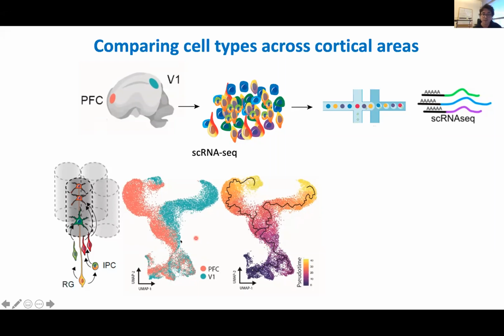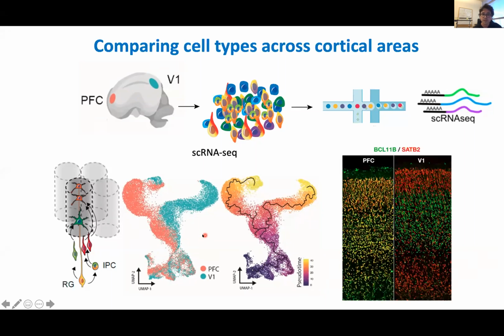One of the things that really stood out to us immediately when we saw these types of patterns was that the differentiation into excitatory neurons between PFC and V1 lineages strongly diverges during differentiation. Importantly, these are not just simple individual markers.